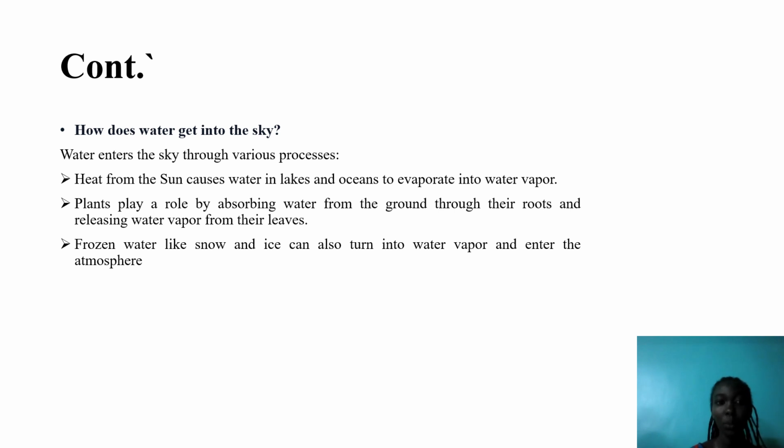Second, plants play a role by absorbing water from the ground through their roots and releasing water vapor from their leaves. Next, frozen water like snow and ice can also turn into water vapor and enter the atmosphere.